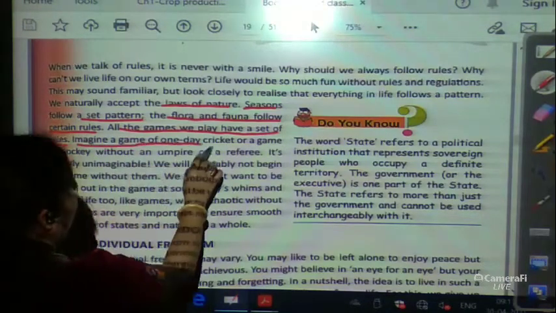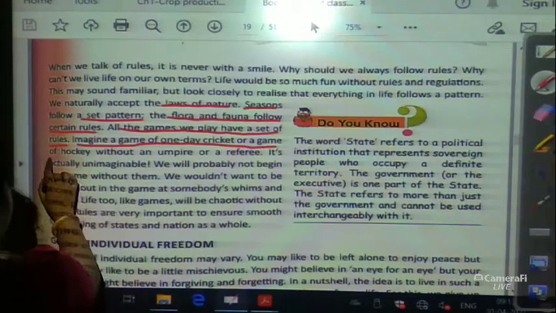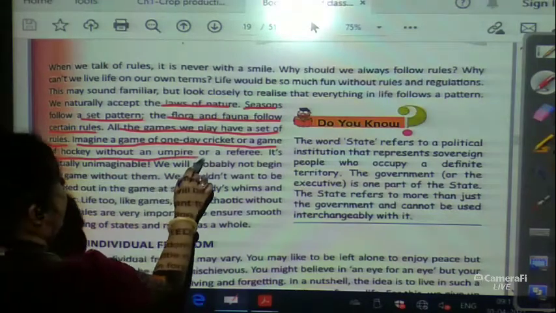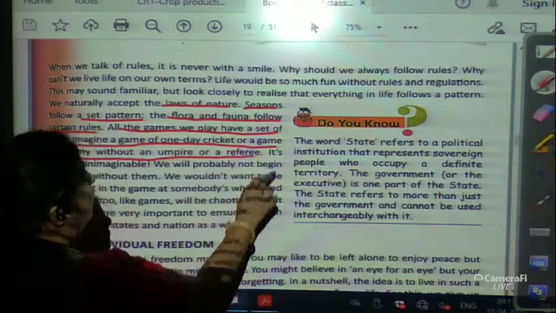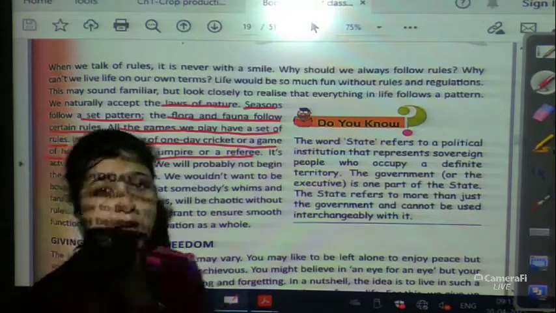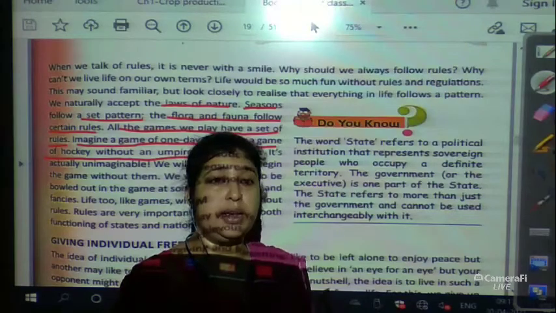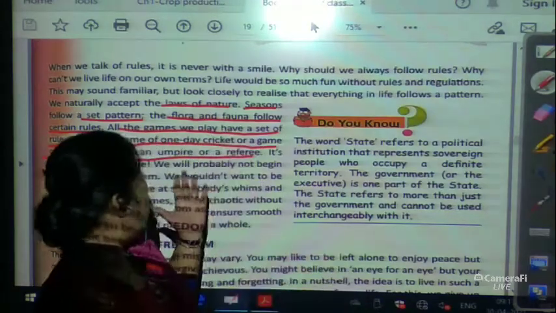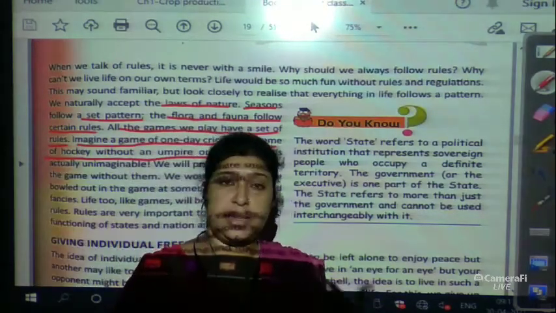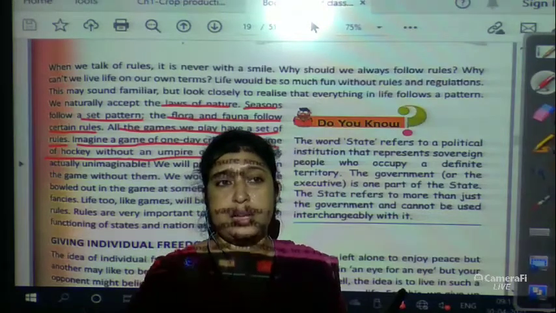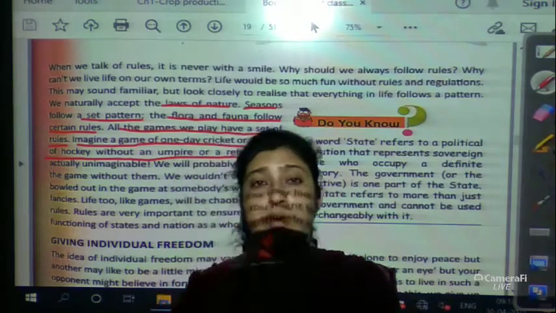Imagine a game of one-day cricket or a game of hockey without an umpire or a referee. So what will happen? A big problem will be created if there is no referee, no captain, no umpire. Then whatever the players decide will not always be proper or correct. So maybe arguments and fighting will happen.